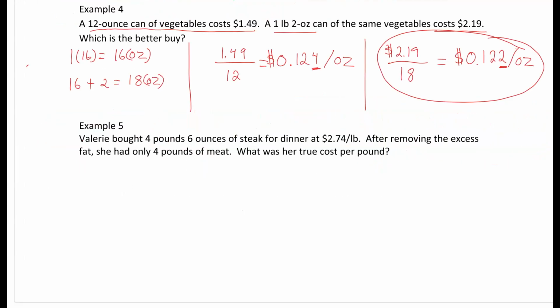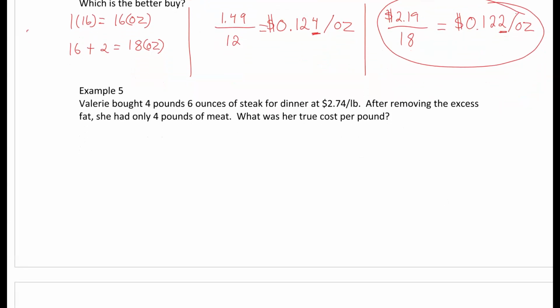Example 5: Valerie bought 4 pounds 6 ounces of steak for dinner at $2.74 per pound. After removing the excess fat, she had only 4 pounds of meat left. What is her true cost per pound? Now, I'm going to leave this one for you to solve on your own, but I want to give you a couple of steps on how to do this properly.